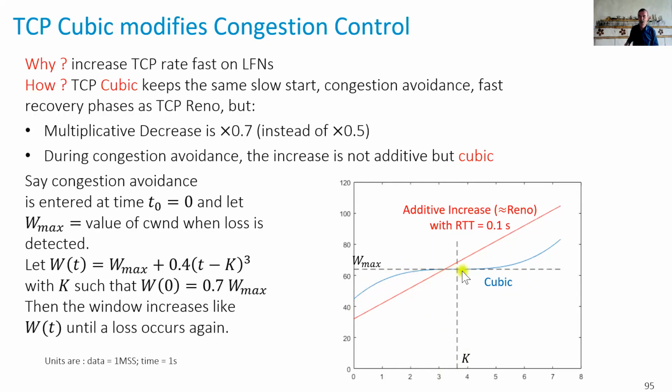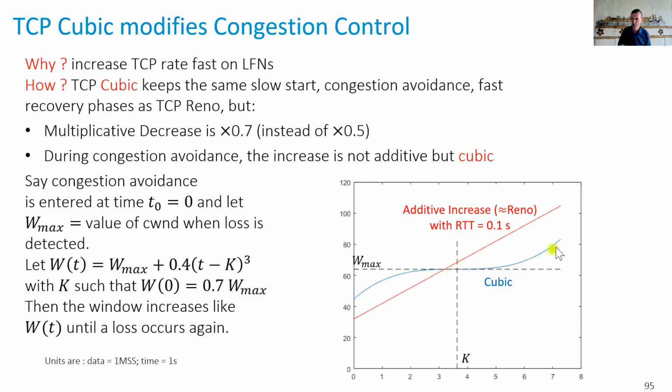And then if this value of W max was the correct value, we had a loss, but this is, for example, an accidental loss, not due to congestion, then we will get back there, and that's the end of the story. It's good. If we need to increase, which is what would happen in the motivating example I gave a few minutes ago, we'll first start very slowly because the cubic function is very slow at the beginning.